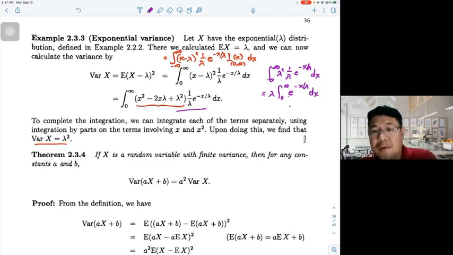So we let u here be equal to negative x over lambda. Sabihin natin, no? Kung u natin is negative x over lambda here. So du will be equal to negative 1 over lambda dx. So yung du mo, e to the u du, dx would be equal to u du.